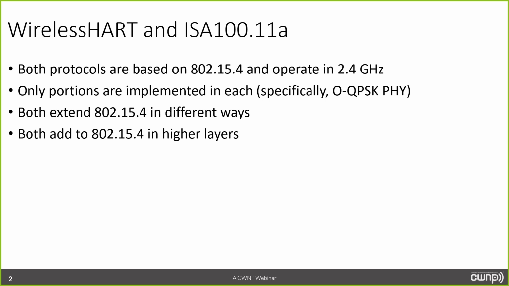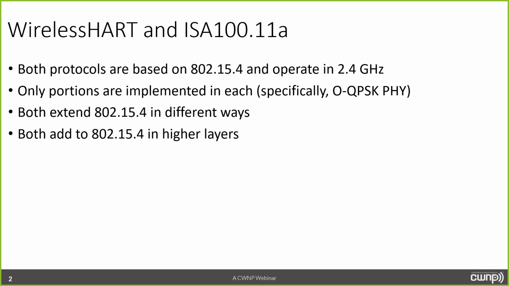Now, obviously, if you get WirelessHART or ISA100.11a in an environment that also has Zigbee, that also has Wi-Fi, that also has Bluetooth, that also has proprietary stuff using 2.4 gigahertz, yes, you're going to run into challenges. So that is reality. It is the 2.4 gigahertz band, and that's the reality of living there. But this protocol is very robust for several reasons, as you'll see as we go along.